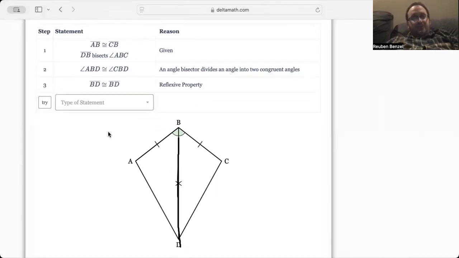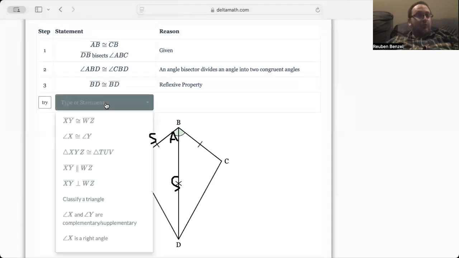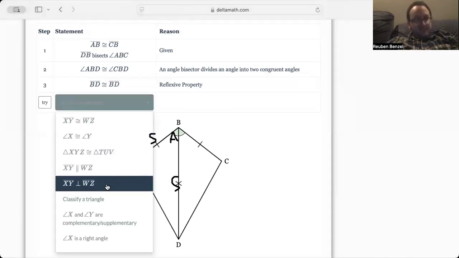So we have our three pieces of evidence now. So we're actually going to, at this point, have enough information to prove that the triangles are congruent. Let's take a look at where we are right now. So we have side, angle, side. Now it's very important when you're working on these Delta Math proofs that you are consistent in your order in naming the triangles.